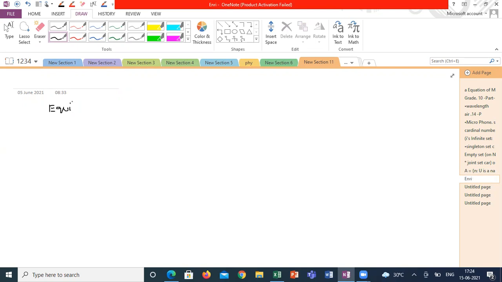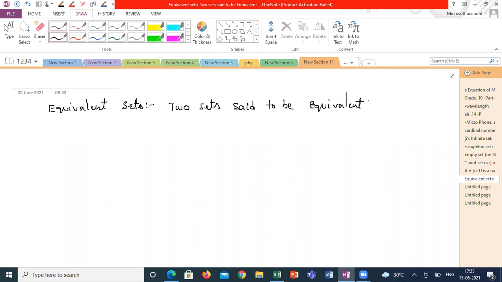The meaning of equivalent sets is this: irrespective of what kind of elements are available in the sets, two sets are said to be equivalent if they contain the same number of elements.